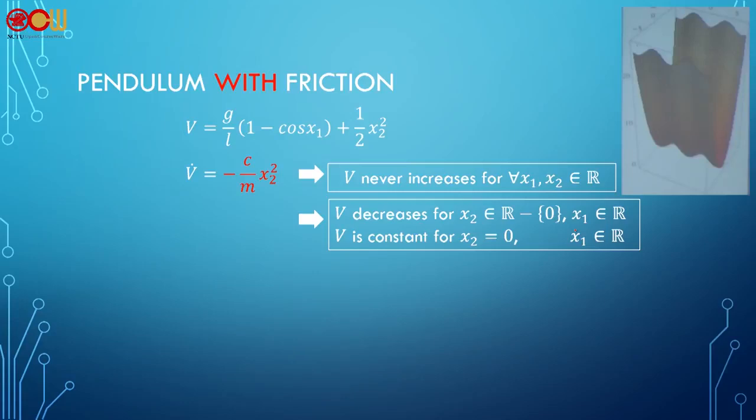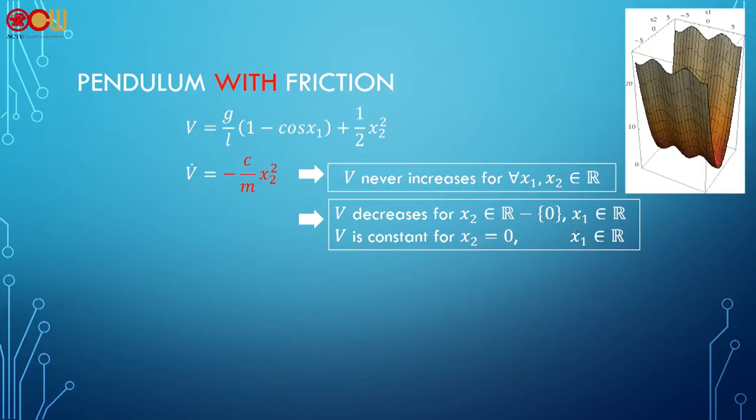So the selection of V is very important. Otherwise, you need to solve a problem that you created. Can you imagine this? If V dot is 0, which means the slope of V is 0, that could be at different locations. And at these different locations, V is not 0 because x1 is not 0.